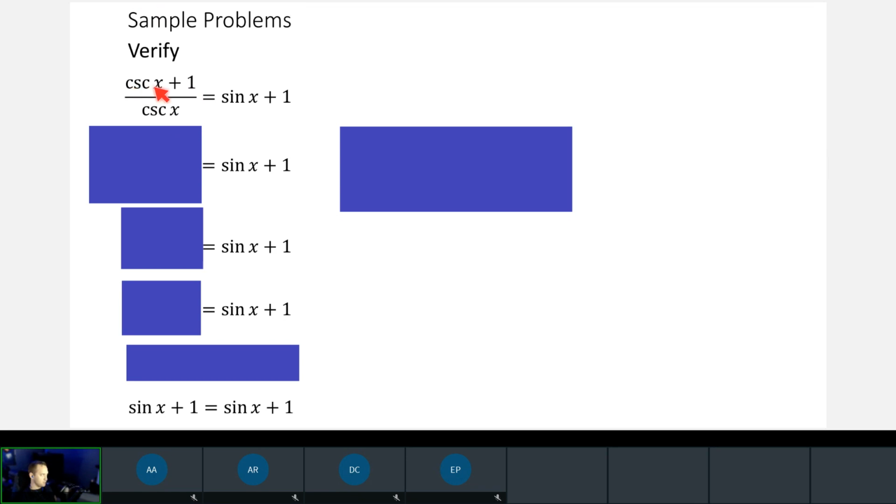This term has the cosecant factor, but this term does not. So I can't pick and choose this factor with this term. Remember, terms and factors do not reduce or cancel out. It's probably the number one most common mistake of fractions and simplifying.